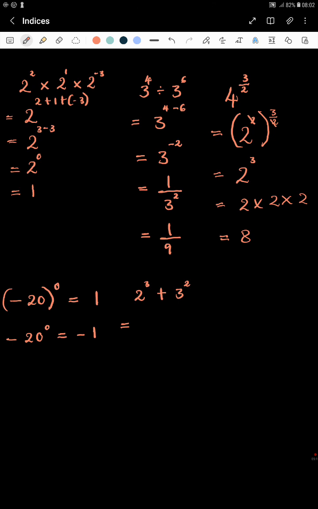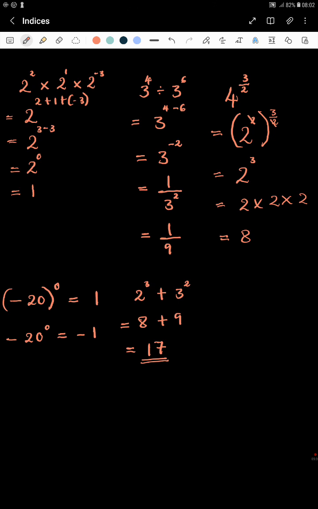So here 2 to the power 3 you get 8, and 3 to the power 2 you get 9, and 8 plus 9, your answer is 17. Here you don't apply any laws because there are no laws that apply when you are adding or subtracting.